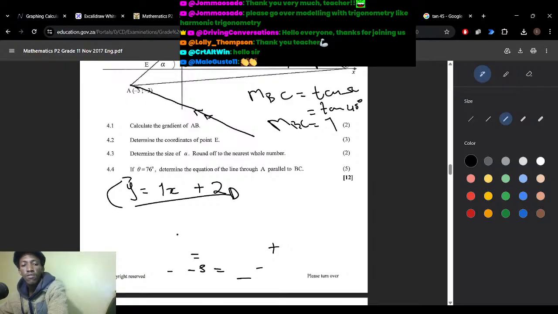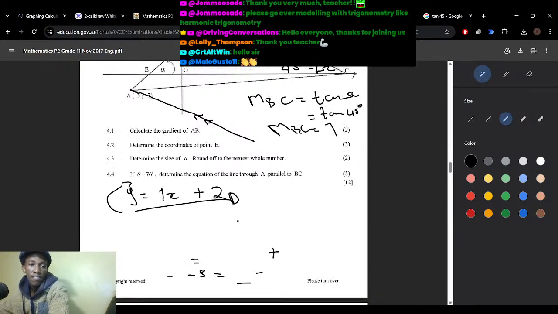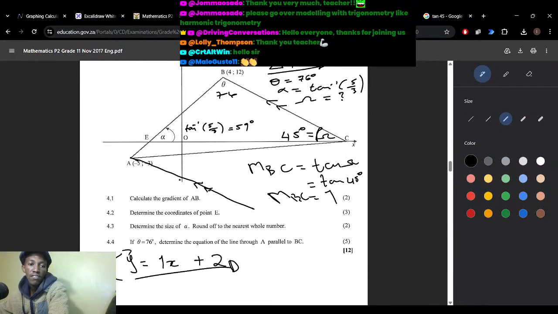So let's go through 4.4 once again on how we did that. First, we determined the value of alpha, and we found that alpha is equal to 59 degrees.